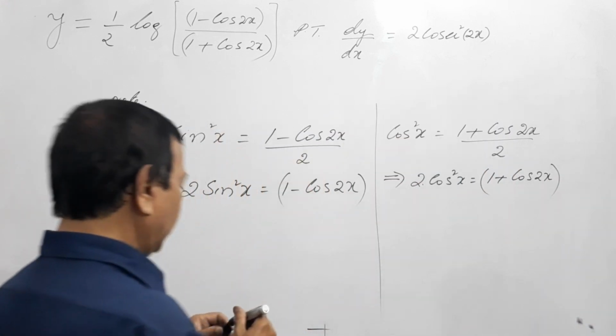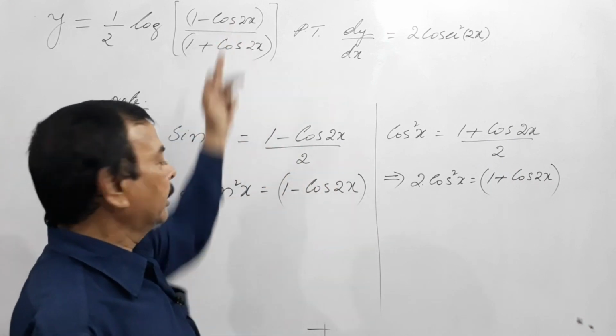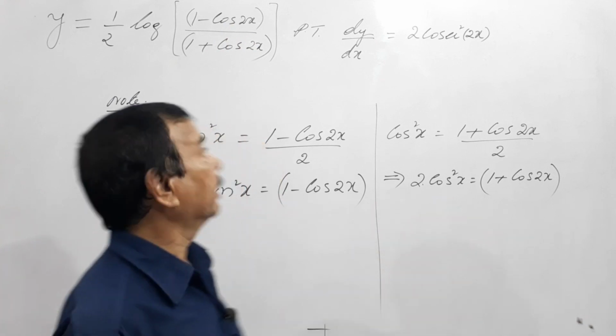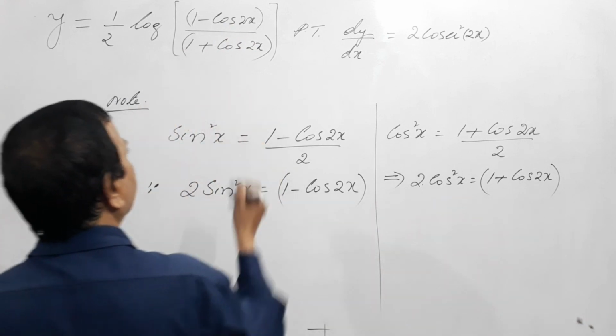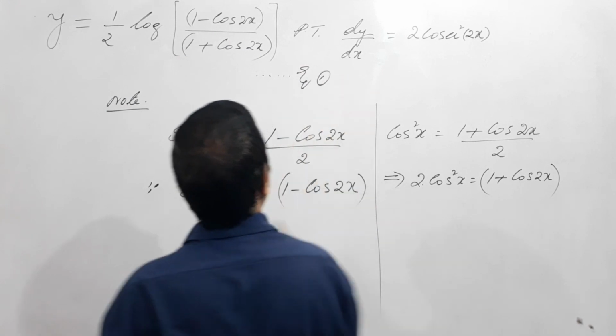So I will substitute the values of 1 minus cos 2x there as 2 sin square x, and here 2 cos square x. So what happens to this equation? I call this equation 1.